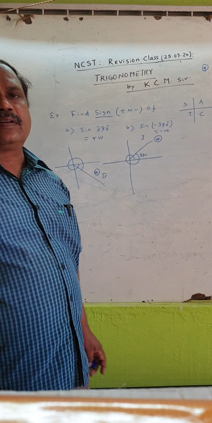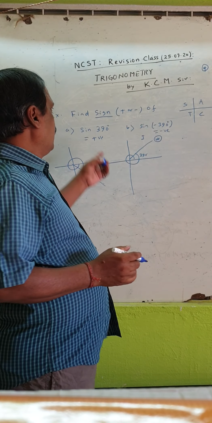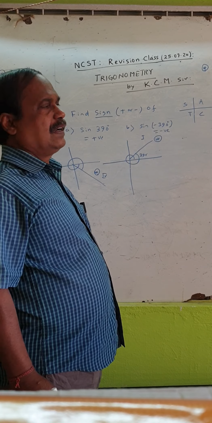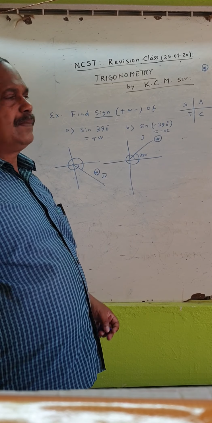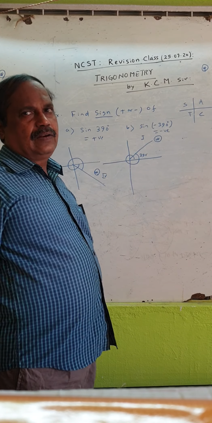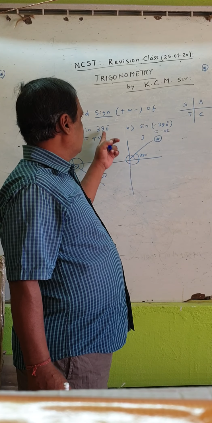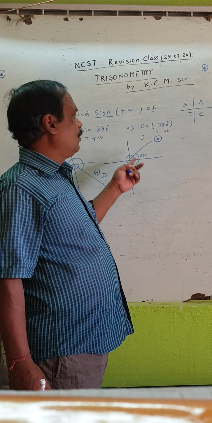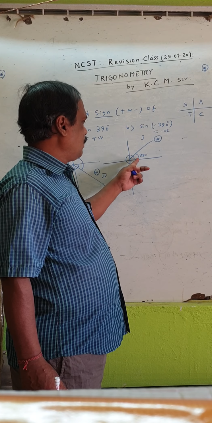Are you clear about the concept? I am repeating again. You have been asked to find sine of 390, whether positive or negative, and sine of minus 390, whether positive or negative. Let us take 390. First, you know the quadrant in which 390 lies. Since it is a very small angle, it can be calculated intuitively: 390 means 360 plus 30.